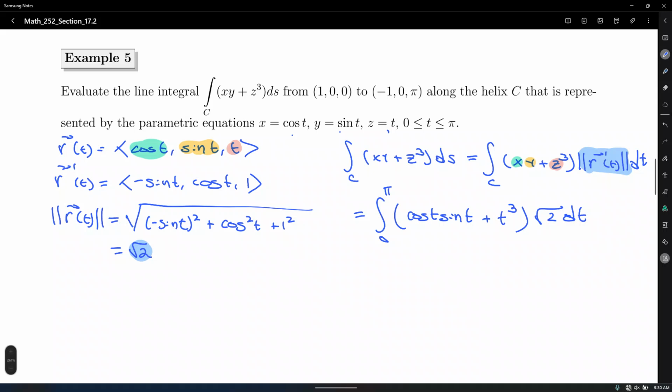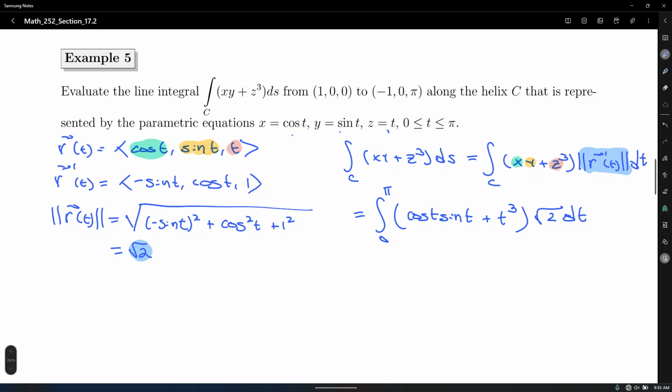Let's evaluate this integral. This one I'm going to evaluate, not like the other one where I just gave you the result. The integral of cosine sine, you can do it in two different ways. You can set u equals cosine, the derivative would be negative sine, but then you would need to compensate with a negative sign.